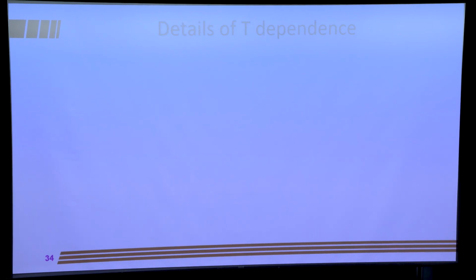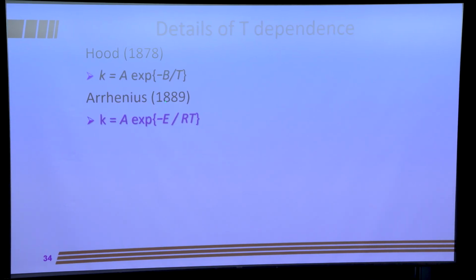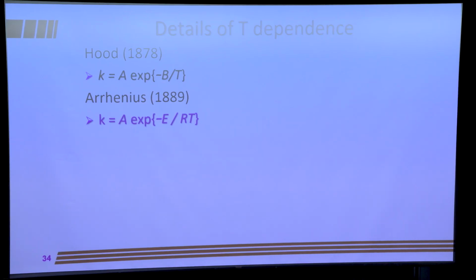So, the details of temperature dependence. If you go back, Hood and Arrhenius were around the same time, and they pretty much came to the same theory. We refer to Arrhenius, but Hood might have beaten him to it; Arrhenius is just more famous.